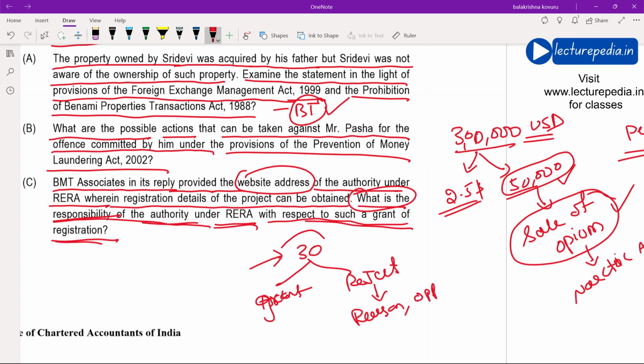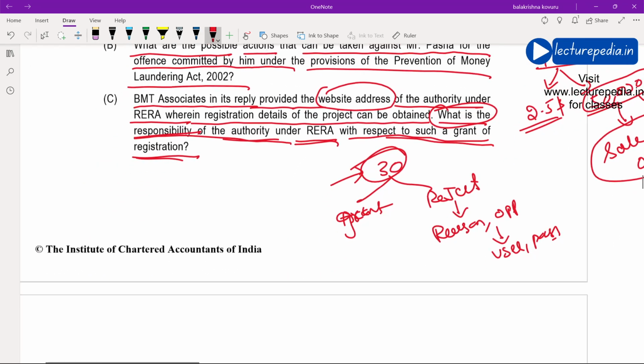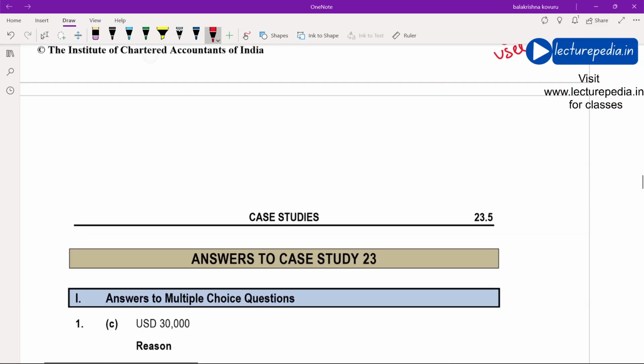Okay, these are the responsibilities of RERA authority. And once the registration is granted, it must provide user ID and password to such a person. Okay, this would be the responsibility of the authority regarding the registration application submitted by the promoter. Hope this is clear. By this we have completed case study number 23.